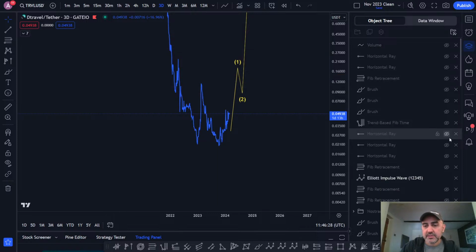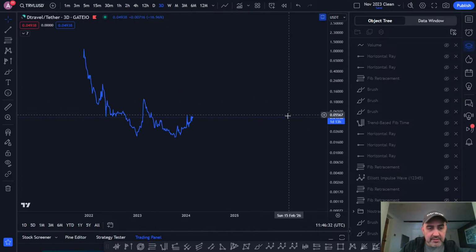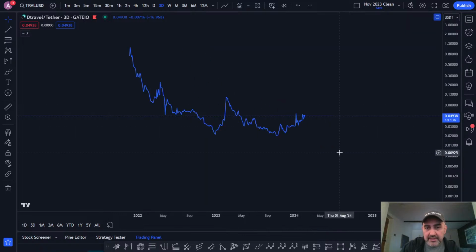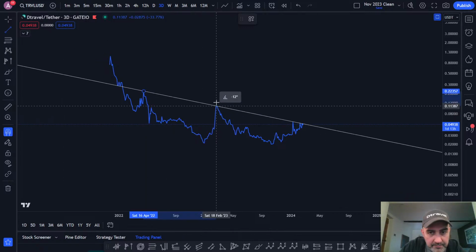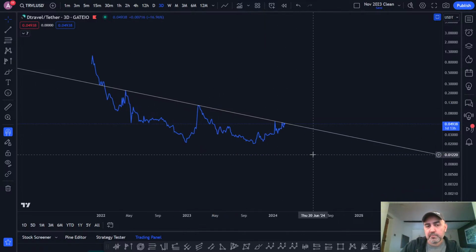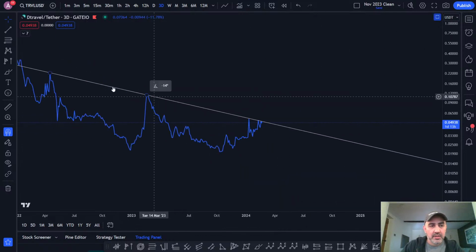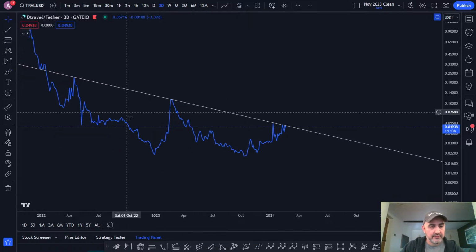Let me just show you this one on Gate, just so that you see that this is really interesting because they're all saying the same thing. I think it's interesting. See that? They're all saying the same thing. So we're at a really important moment in the price for this token now.